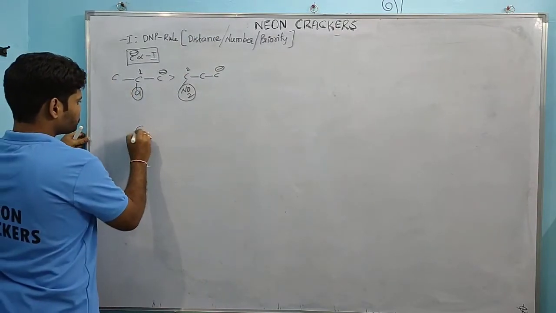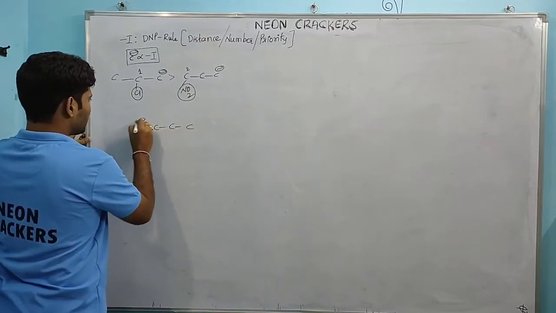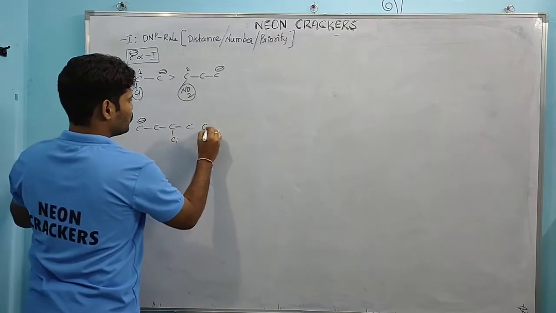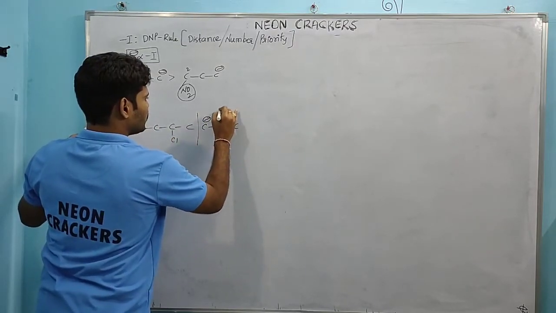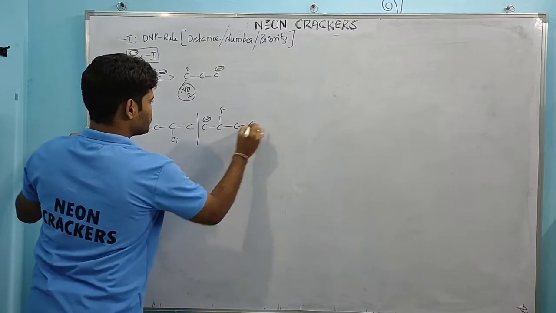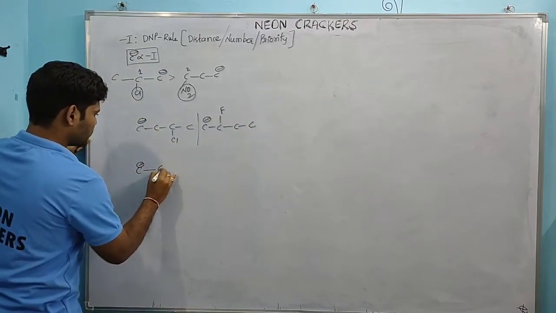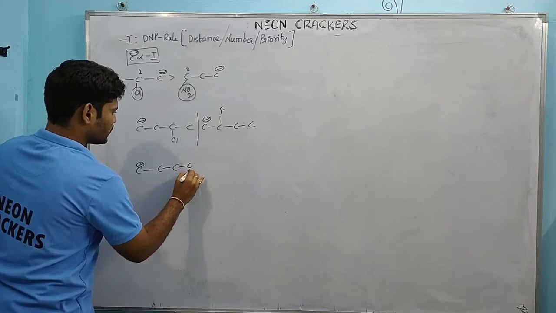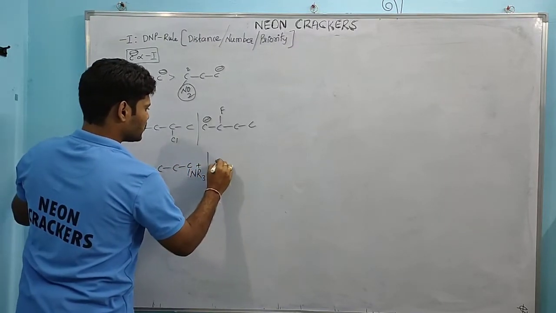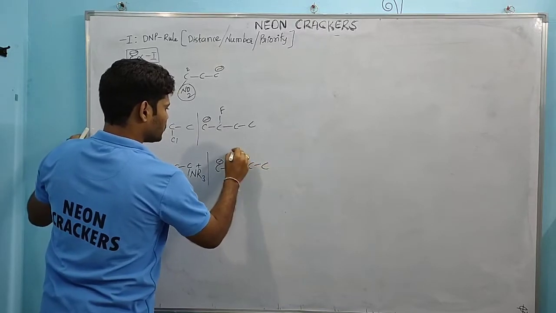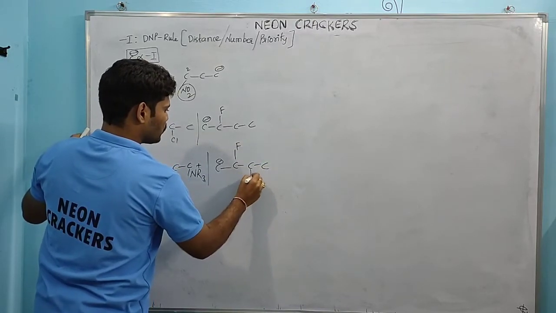Now tell me, here carbanion is there with one chloro. Next one, carbanion with one fluoro. Next one, carbanion with NR3 plus. Next one, carbanion with one fluoro and one chloro.